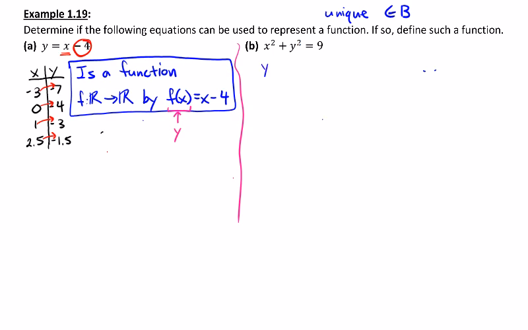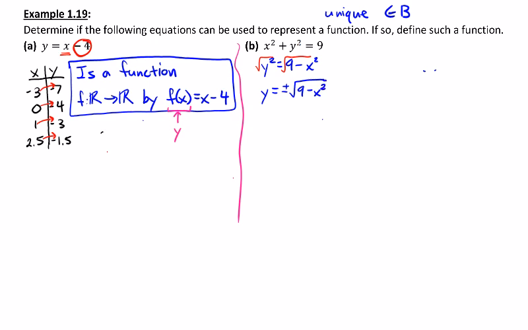That's going to give me y squared equals 9 minus x squared. And to finish getting y by itself, I will want to take the square root of both sides. So when I take the square root of both sides, I will end up with y equals plus or minus the square root of 9 minus x squared.